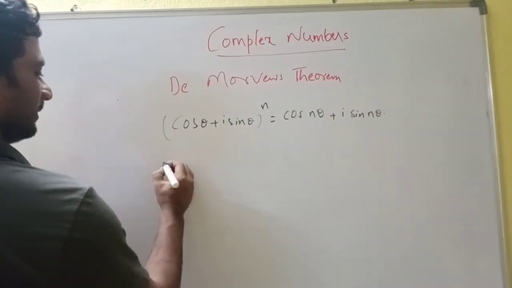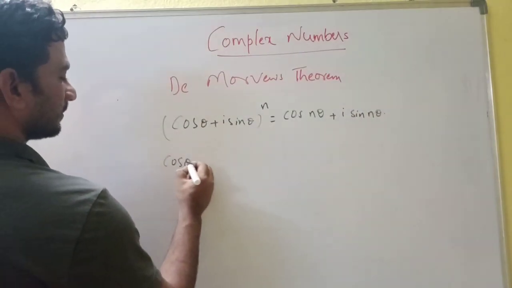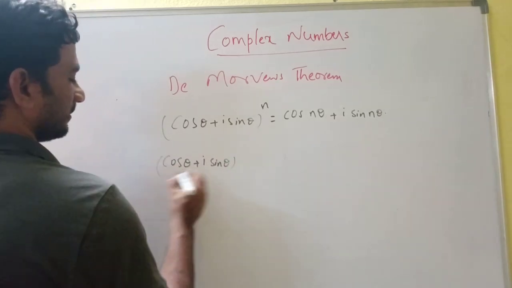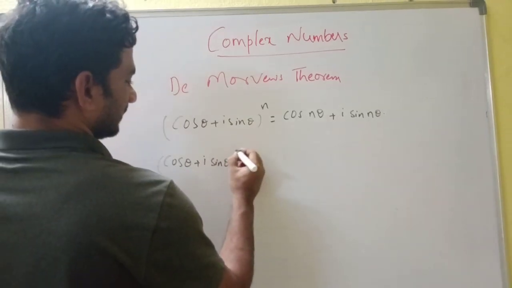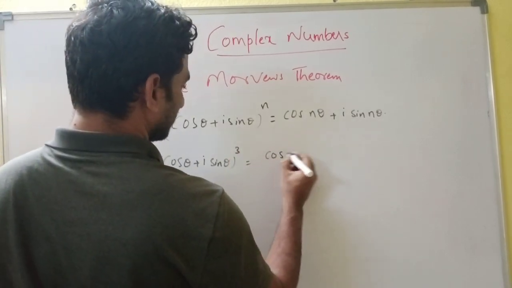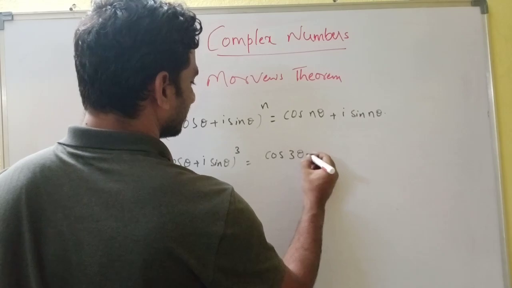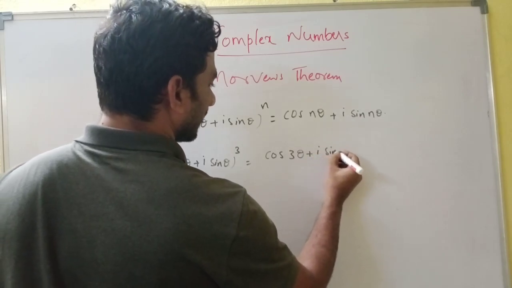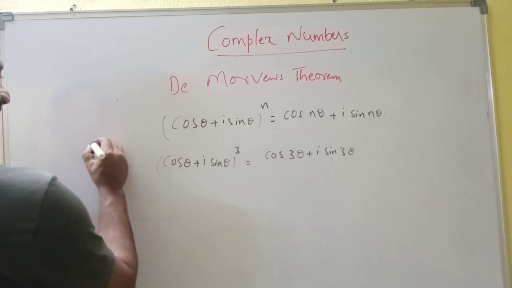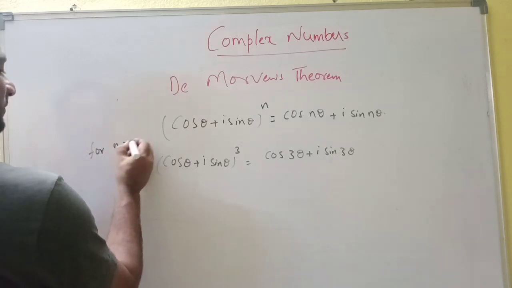For example, cos theta plus i sin theta whole power 3 equals cos 3 theta plus i sin 3 theta, for n equals 3.